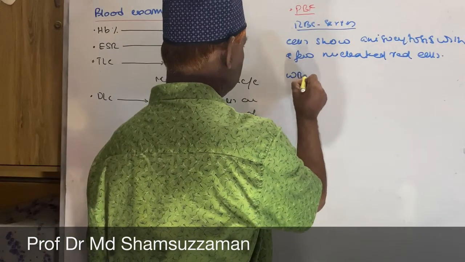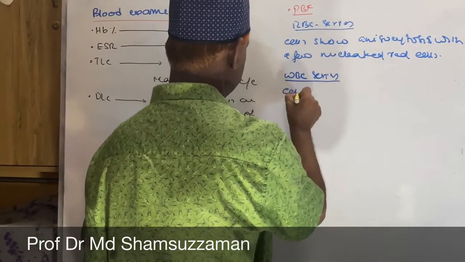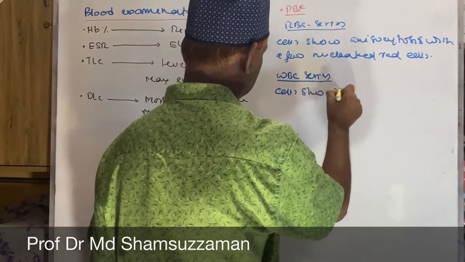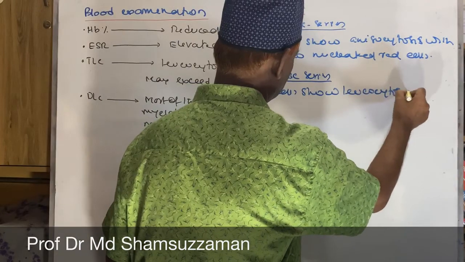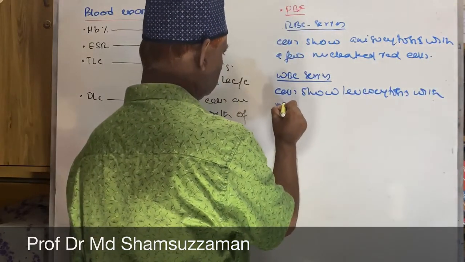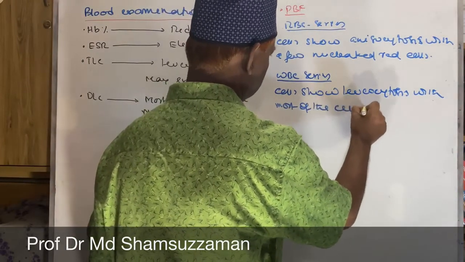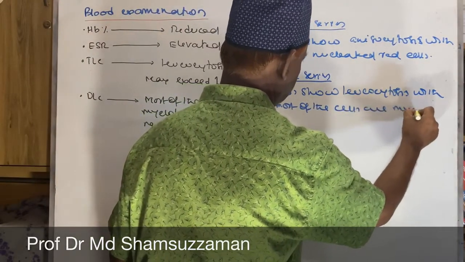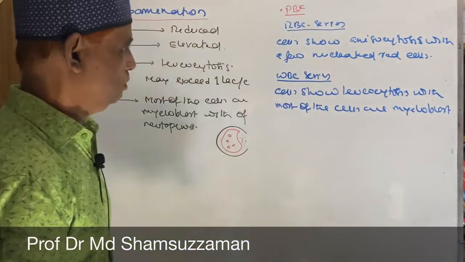WBC series, cells show leukocytosis with most of the cells being myeloblast.